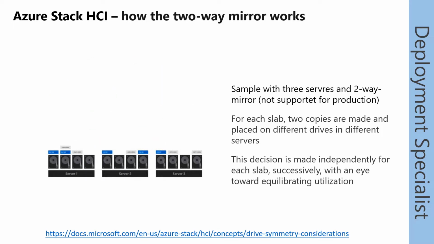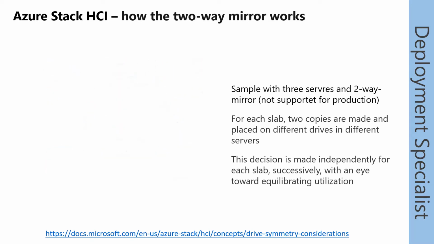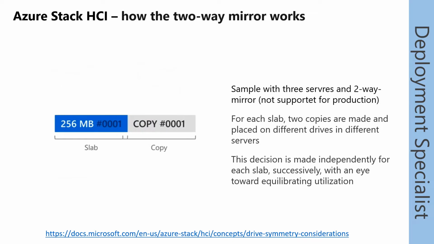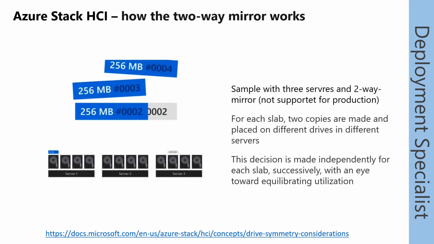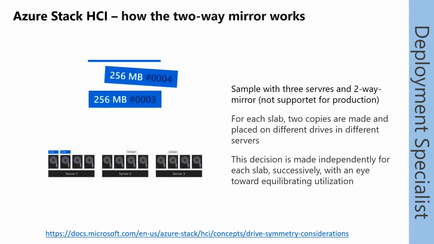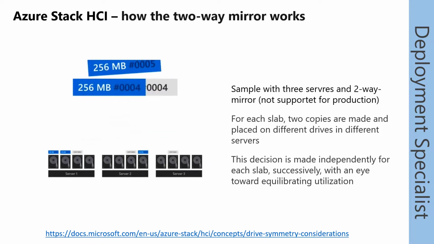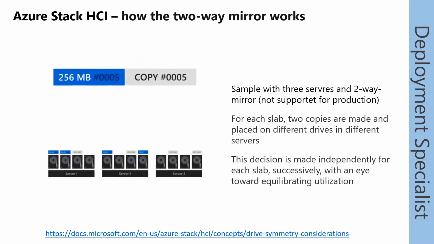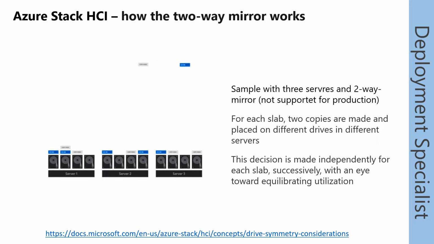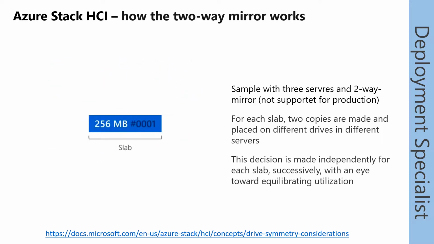Please be aware that exactly this animation is not supported for production, because in a three-way mirror, as you already know from the volume management video, we only have the three-way mirror on 3 servers. There is no two-way mirror available there. You can configure it manually, but it's not supported. It's absolutely not recommended.